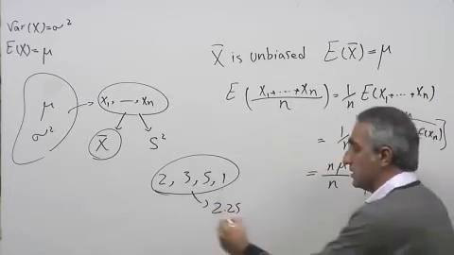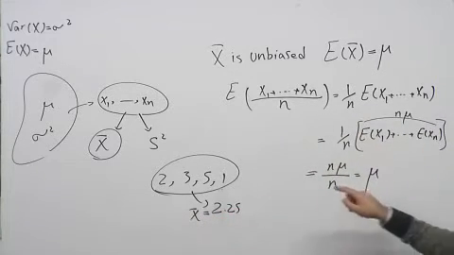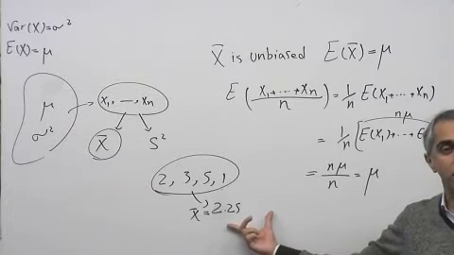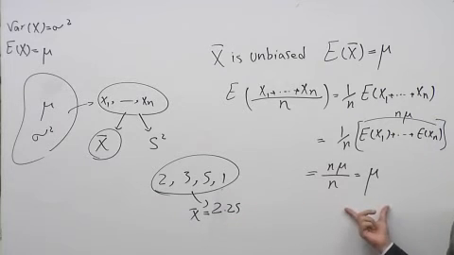It doesn't mean this x bar is the same as mu. It says if you repeat this process, the average of these x bars is eventually going to be mu. Okay? Or if your sample size increases, your x bar tends to go to the actual mu.